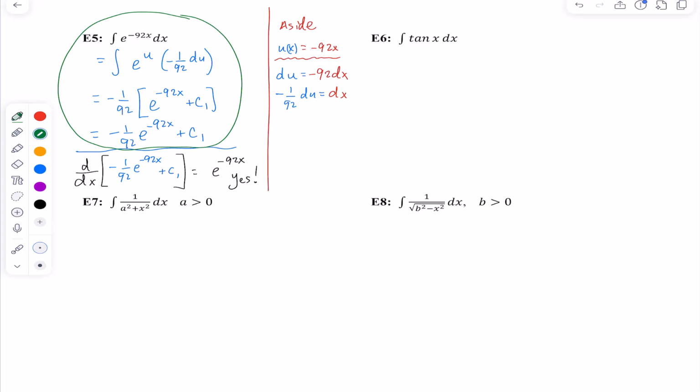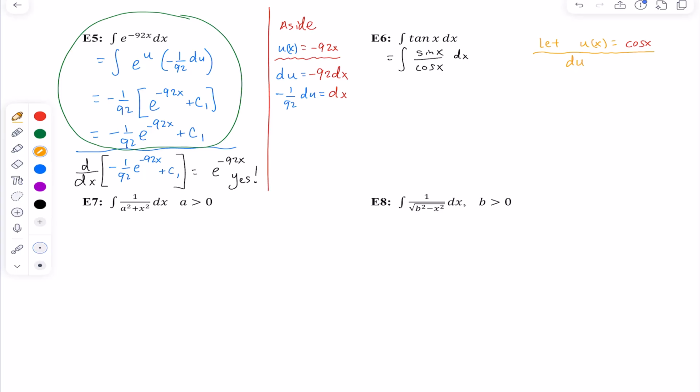What's the integral of tangent of x times dx? First thing you want to do is take advantage of your expert knowledge of trigonometry. Once you do your U substitution, make sure you proceed with differentials, and they're separated by the equal sign.